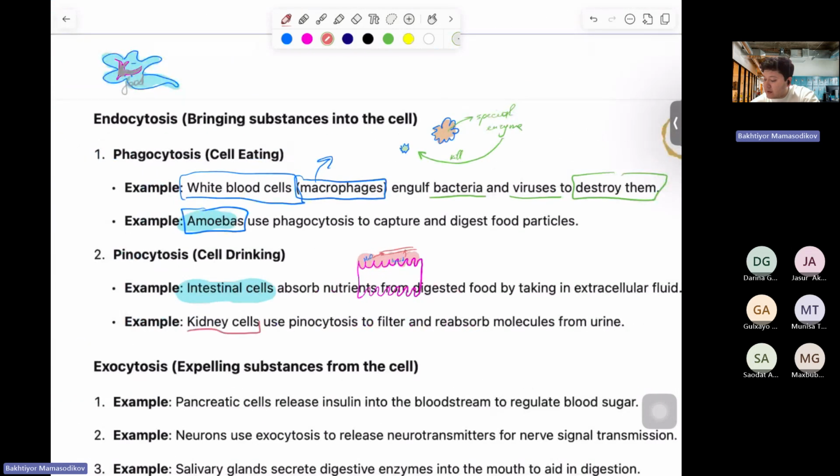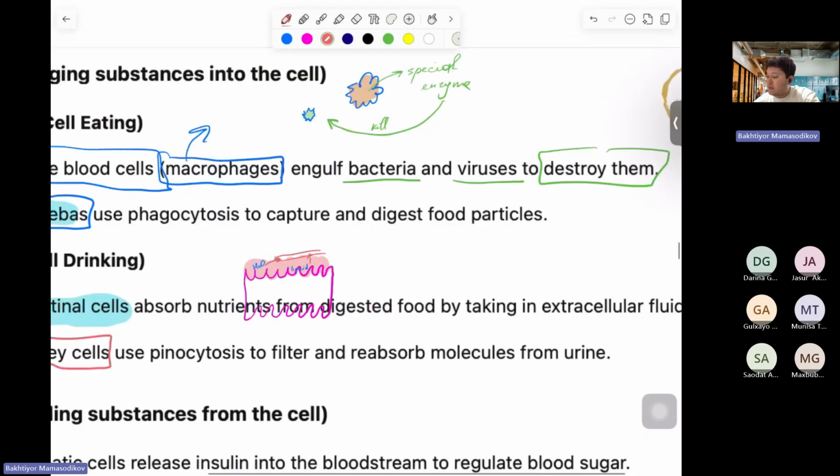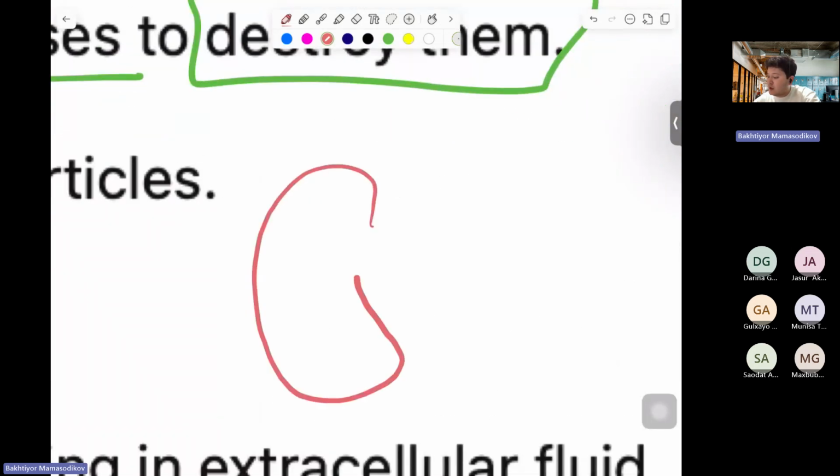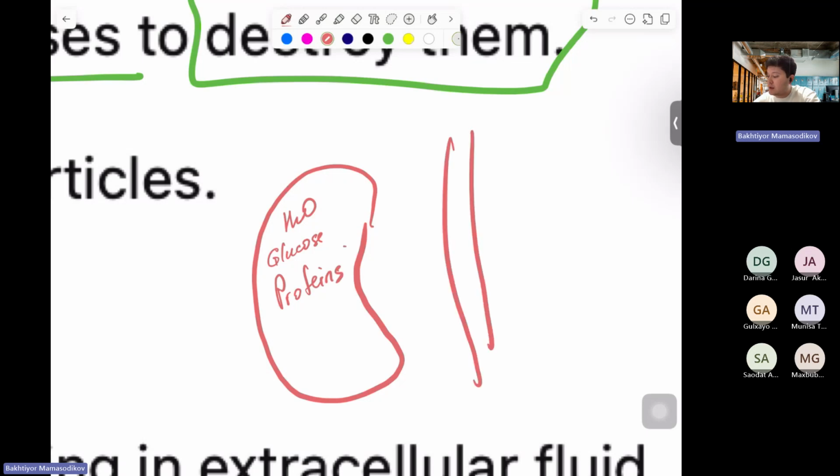Or your kidney cells. You have the kidney, and imagine this is your kidney, this is the kidney cells. It looks like a bean. What's going to happen inside of the kidneys? We have water molecules, we might have glucose, we might have protein, and all of them will be reabsorbed into the bloodstream.